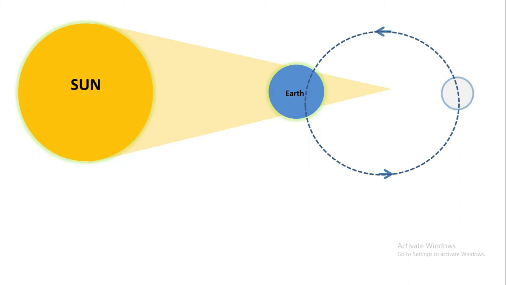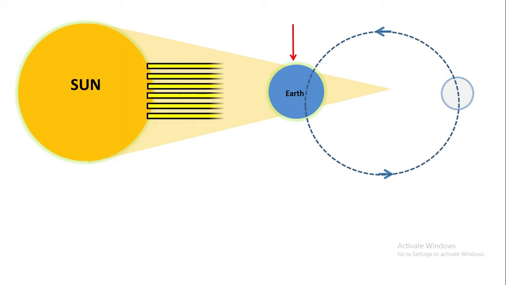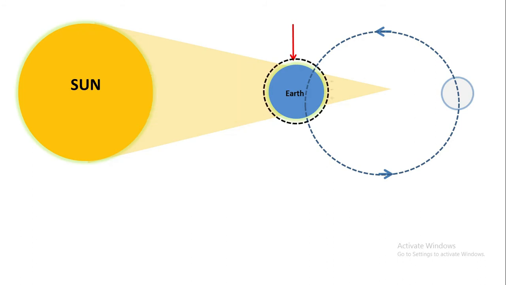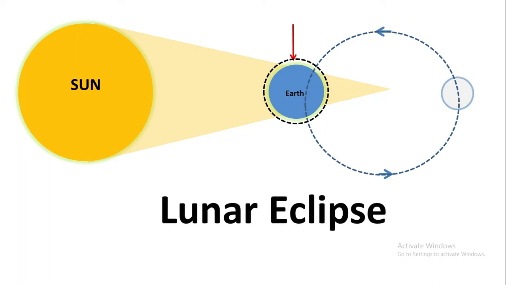On the other hand, if we look at this picture, here there is a straight line between the sun, earth and moon. And here we can see that earth is between the sun and moon, and due to this position of earth, the sun rays or sunlight is blocked by the earth from reaching the moon. So resultantly, the part of moon facing towards earth observes complete or partial darkness, and this phenomenon is called lunar eclipse.